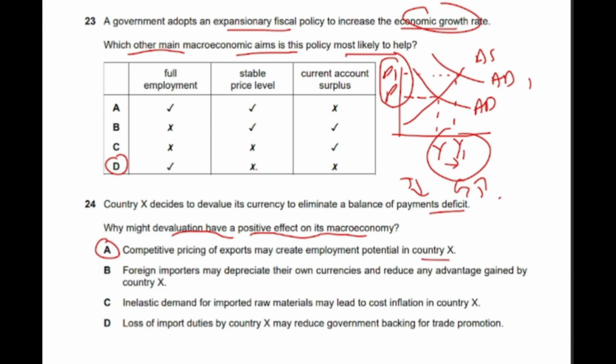Comparative prices mean when your prices are lower than the prices of other countries. So it will reduce deficit because if your exports are cheaper, at lower prices than other countries, then definitely more people will be willing to purchase goods from you, and as a result deficit will be removed. Balance of payment deficit is when exports are less than imports, the value of export is less than the value of import. So when you are making your exports cheaper and comparative, then definitely exports will rise and deficit will be corrected.